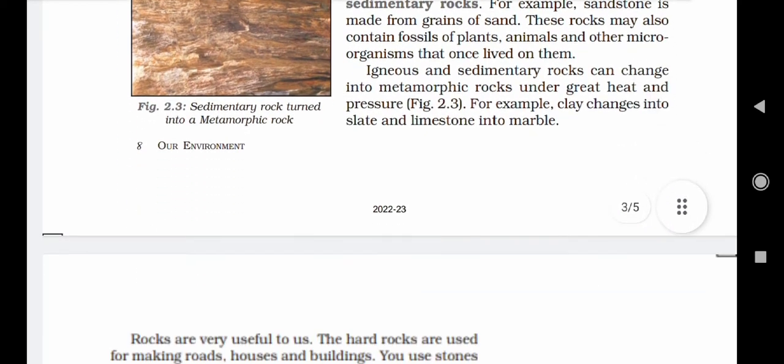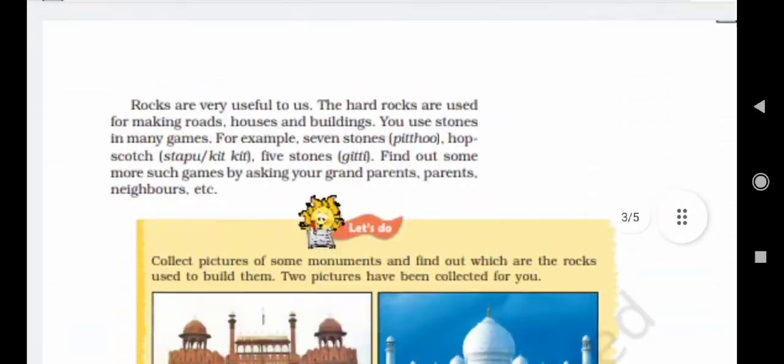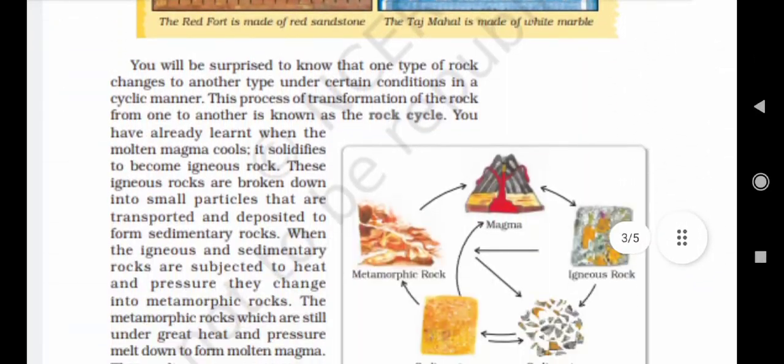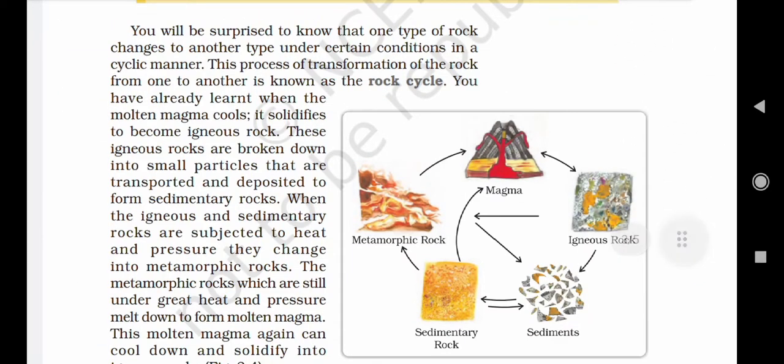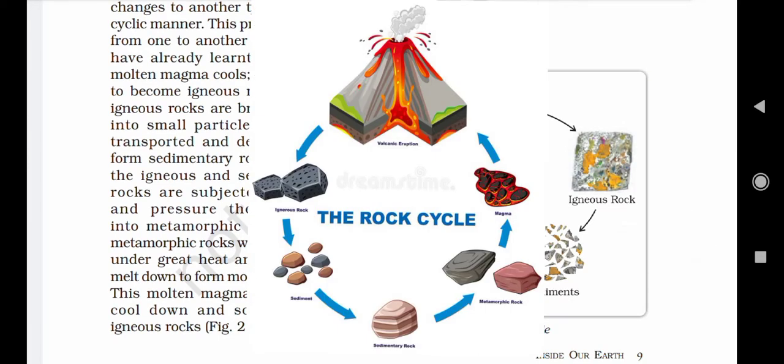So there is another term, that is the rock cycle. The rock cycle is the process of transformation of rock from one form to another. In this, molten magma cools and solidifies to become igneous rock.